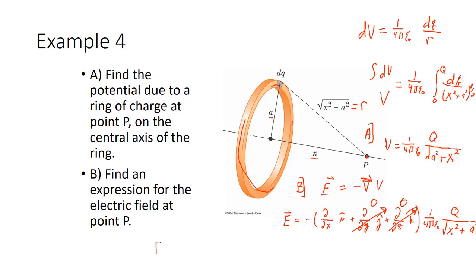So our electric field is going to be equal to negative partial x of 1 over 4 pi epsilon naught q over square root x squared plus a squared in the i direction.